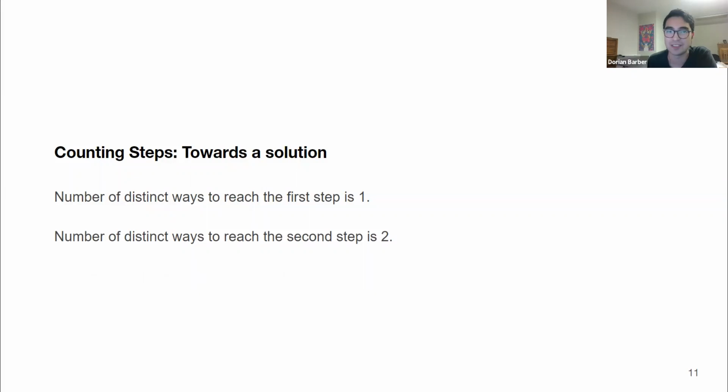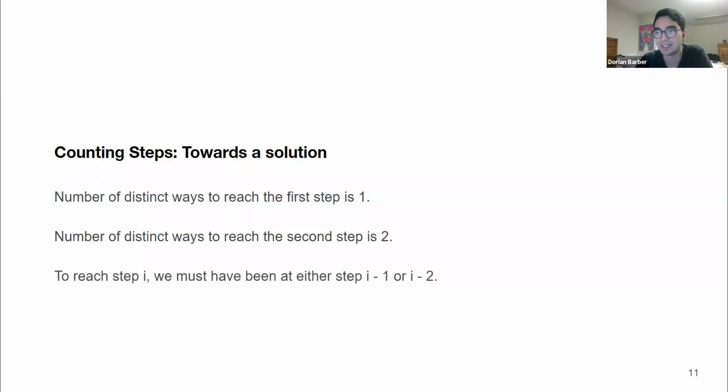That's our final observation: to reach step i, we must have been at either step i minus 1 or i minus 2. This leads into a recursive structure where we had to have been somewhere before to reach where we are now.